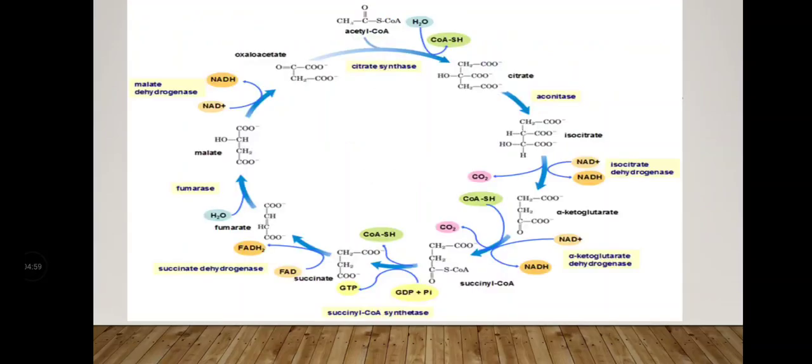Now, let's get into the cycle itself. The pyruvate has been converted to acetyl-CoA by the pyruvate dehydrogenase enzyme.